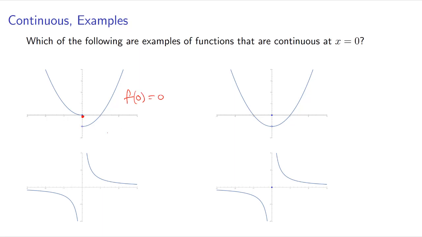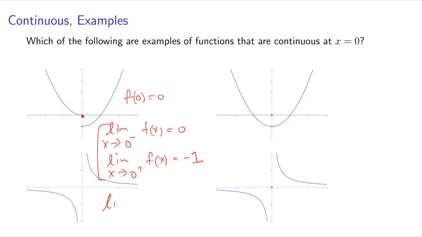However, the limit as x approaches 0 from the left of f of x is 0, but the limit as x approaches 0 from the right of f of x is -1. As a result, this limit does not exist. Since does not exist is not a number, it cannot equal the number 0.